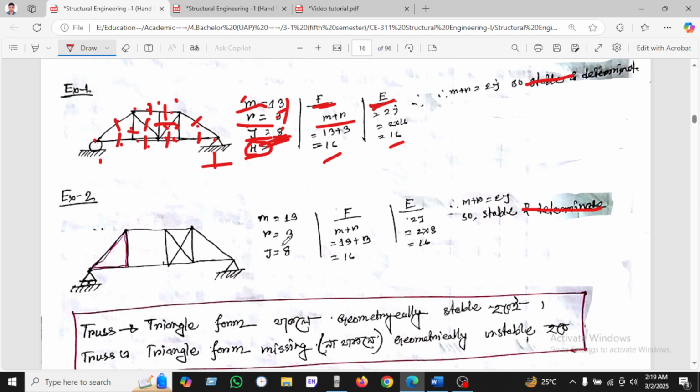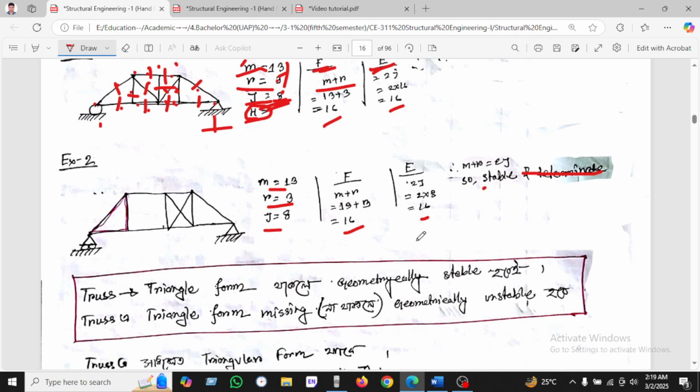In this way you can see another example. With members 13, reactions 3 and joints 8, we found 16 and 16, so it is stable also.